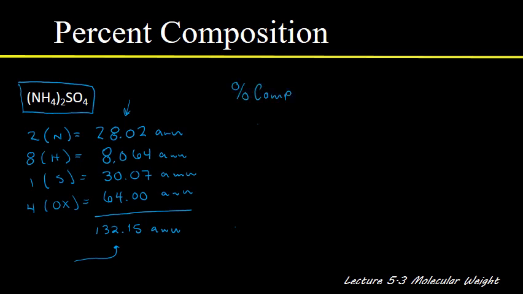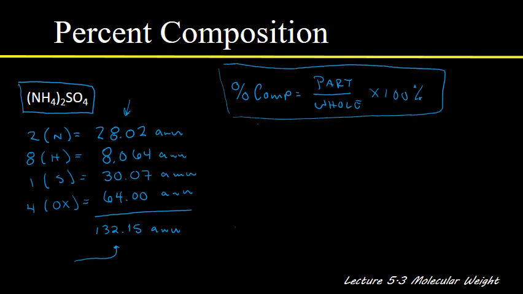When you take part divided by the whole, that's going to give you a decimal number. And so in order to convert that from a decimal number to a percent, we'll multiply that by 100%. Multiplying by 100% basically just moves the decimal over 2 spots and adds a percentage sign.